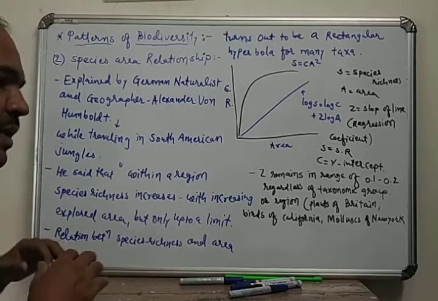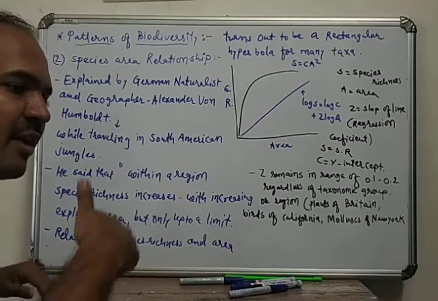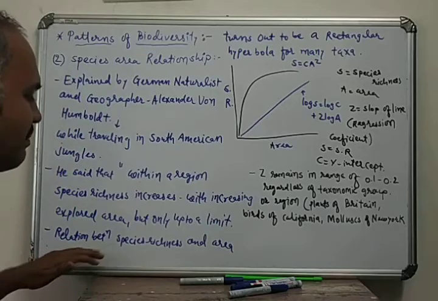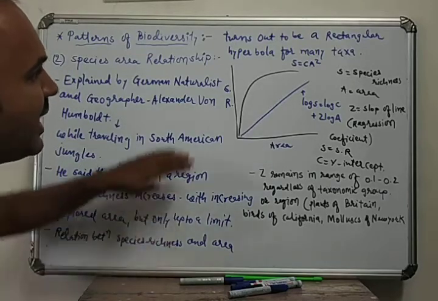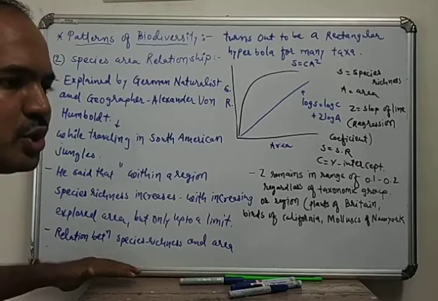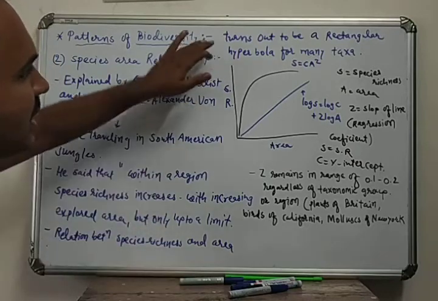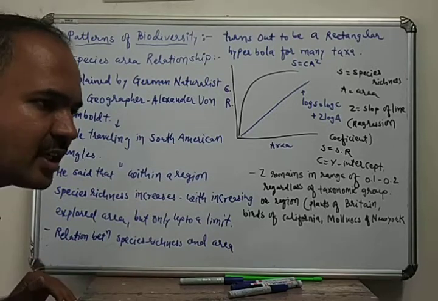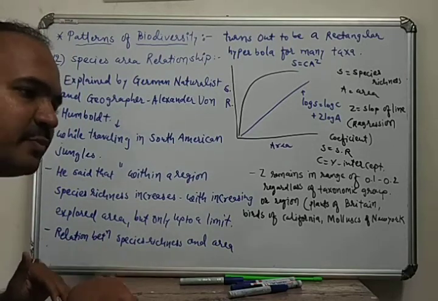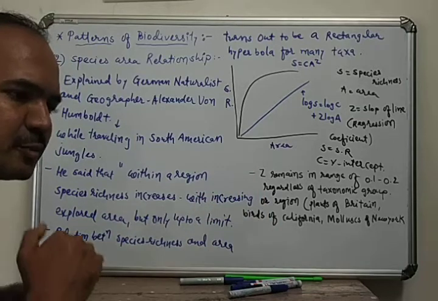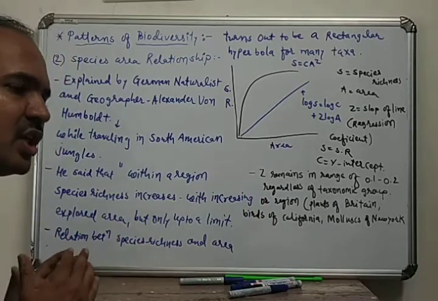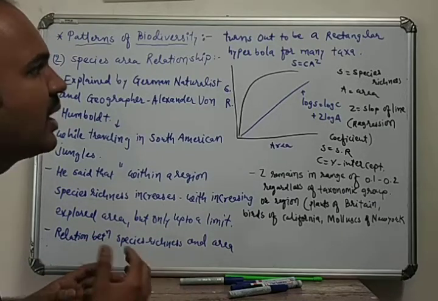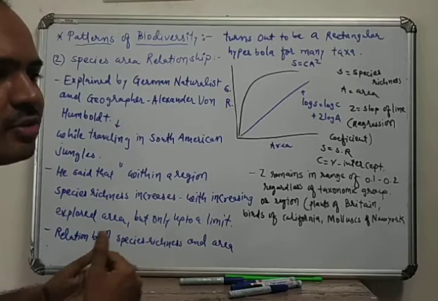And if we increase the explored area further, then the relationship between species richness and area turns out to be a rectangular hyperbola for many taxonomic groups.